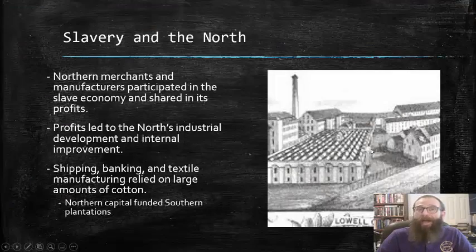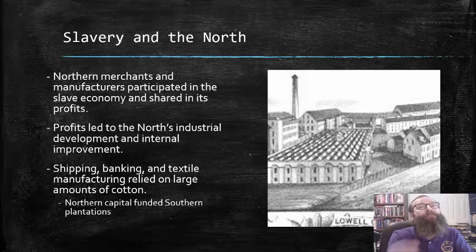Make no mistake about it, the South was not the only region of the United States to benefit from cotton production and slavery. The North reaped its fair share of benefits from this as well. Northern merchants and manufacturers participated in the slave economy and shared in its profits. The profits from cotton production led to the North's industrial development and financed massive internal improvements in those regions.